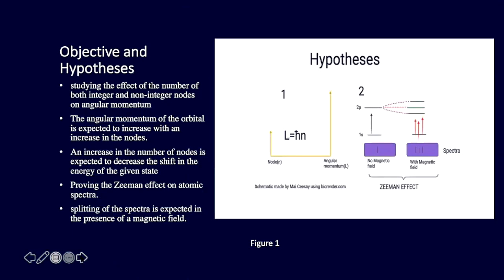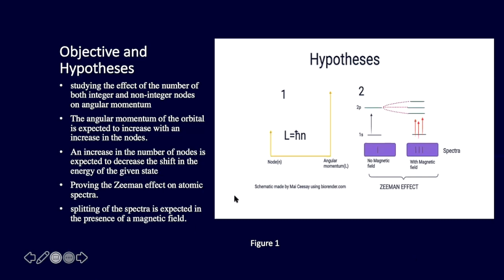So the hypothesis and the objective for this study: we are interested in studying the effect of the number of both integer and non-integer nodes on angular momentum. We hypothesize that the angular momentum of the orbital is expected to increase with an increase in the nodes, as shown on this schematic here.